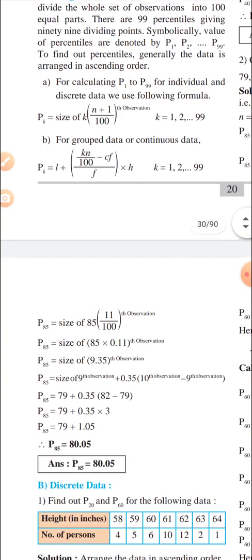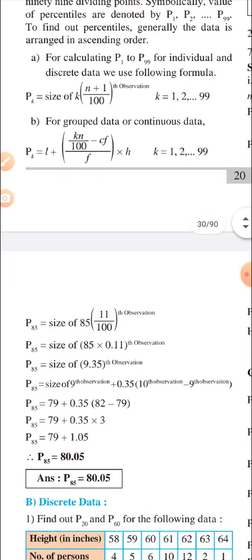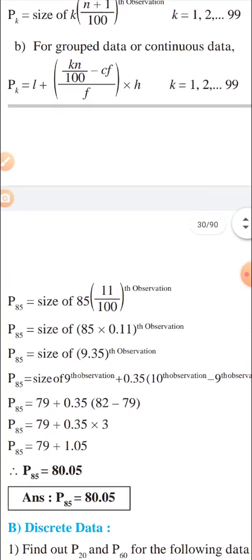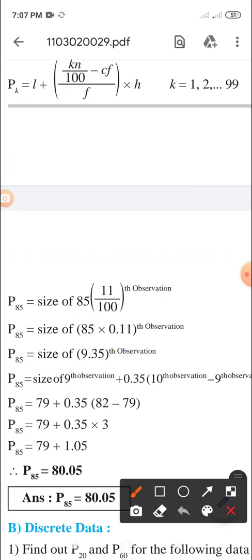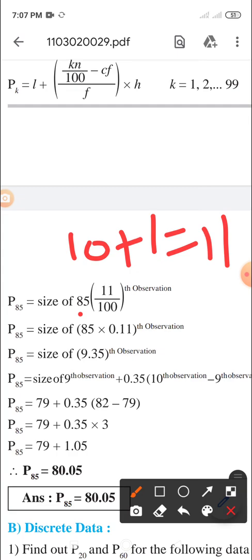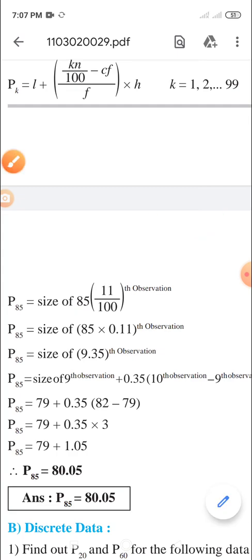Next step, P85 is equal to size of 85 into bracket 10 plus 1. 10 plus 1 is equal to 11. So 11 upon 100th observation.